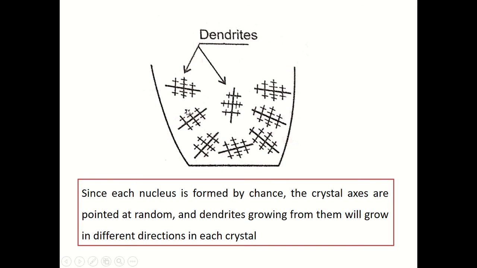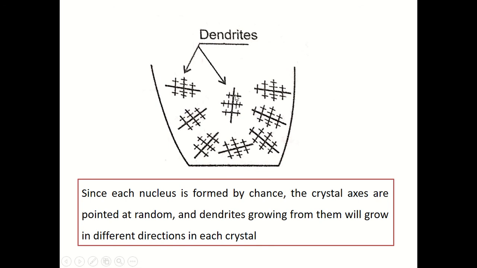Likewise, a dendrite is formed at a particular point, another dendrite is formed here, another here, randomly at all places. Initially a nucleus is formed and atoms are attached to it, just as different branches sprout from the trunk of a tree.